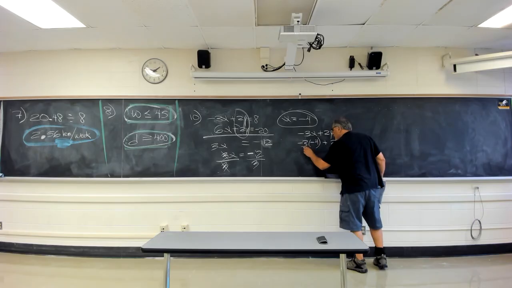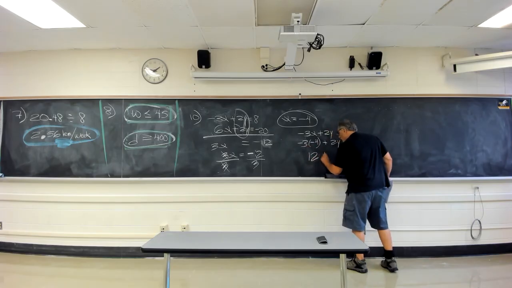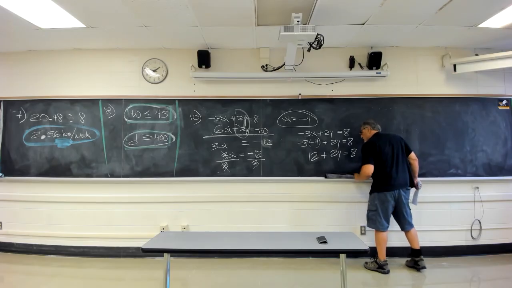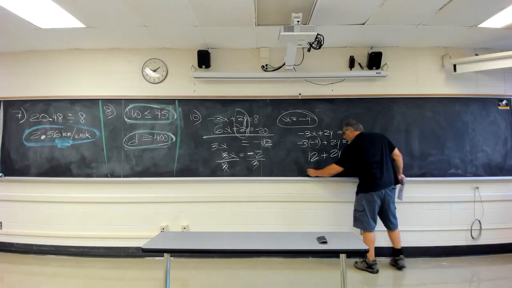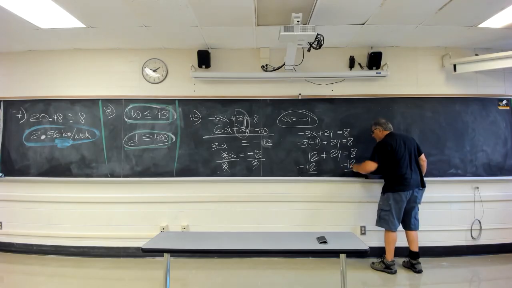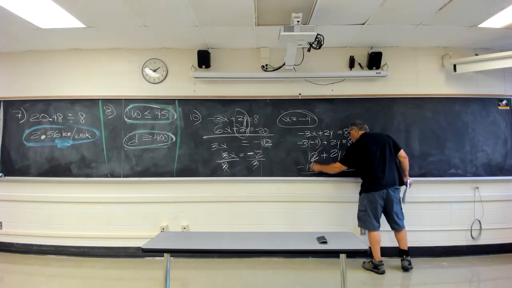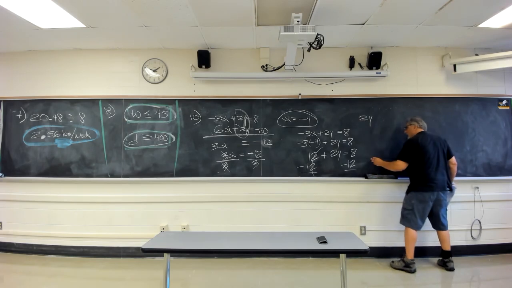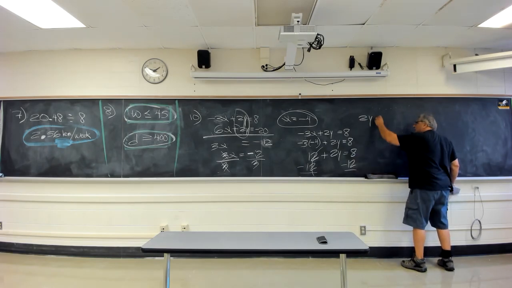Negative 3 times negative 4 is positive 12. Let's subtract 12 on each side, or add a negative 12 on each side. Adding a negative 12 is the same as subtracting 12. That's out of there. 2y is 2y. 8 minus 12 is negative 4, or 8 plus a negative 12 is negative 4.